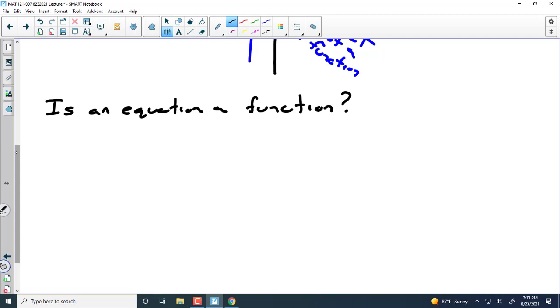And you might think, well, here's the issue. An equation, I think Steve said, can pretty much generate an infinite number of ordered pairs. So we can't write down all the ordered pairs. And it's possible that I won't know how to graph it right away either.